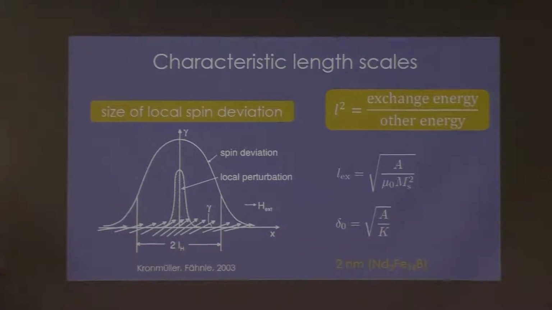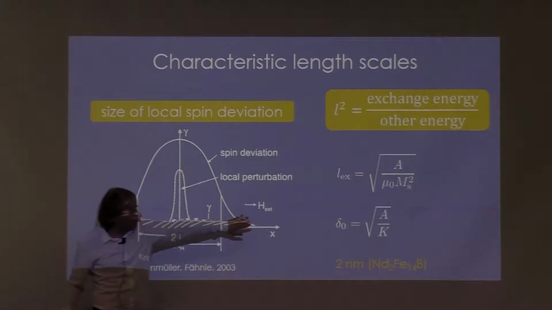And we have different characteristic length scales which can be computed by the ratio of the exchange energy over some other energy. The square root of this ratio is either the exchange length or the Bloch parameter you see here at the bottom.